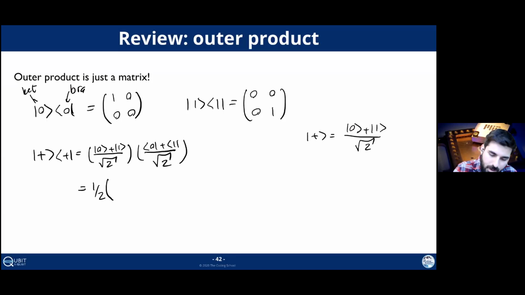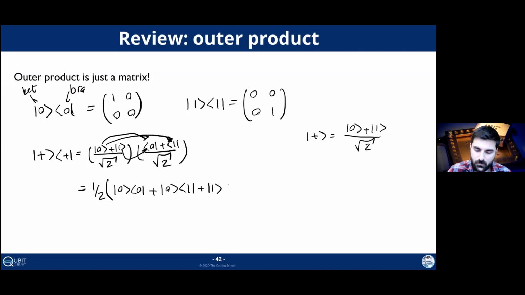And then, everything is linear here. So we're going to have the outer product of 0 with 0, plus the outer product of 0 with 1. And here I'm going to have the outer product of 1 with 0. And finally, I'm going to have the outer product of 1 with 1.